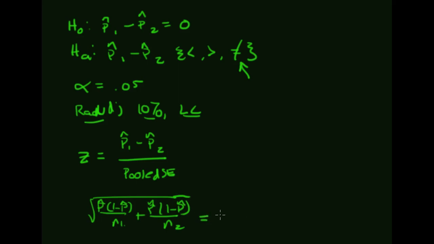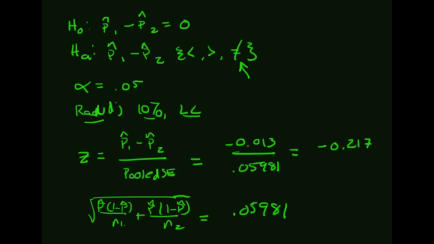So in our case, this number, if you play it all the way out, is going to be around 0.05981. So this is now going to become negative 0.013 over 0.05981, which gives me a test statistic of around negative 0.217.